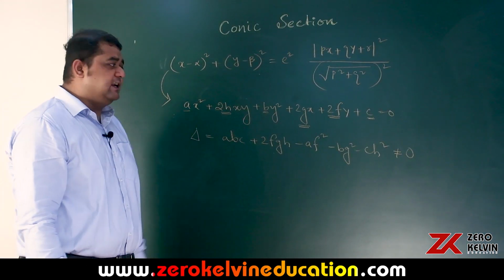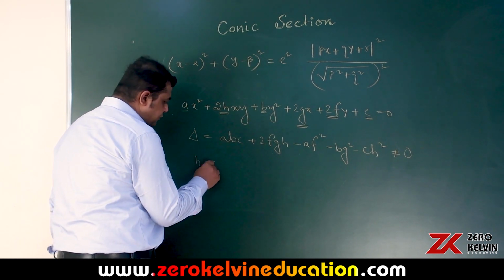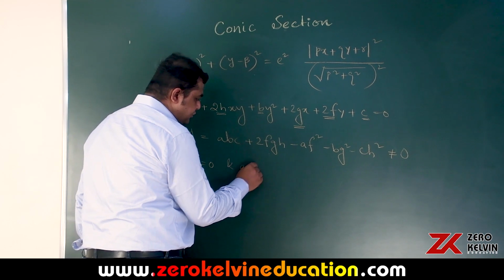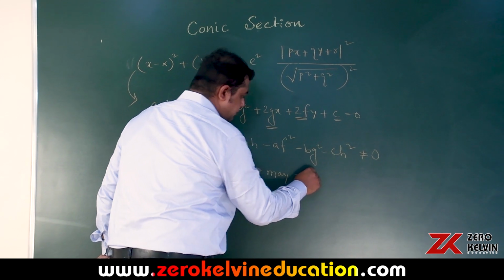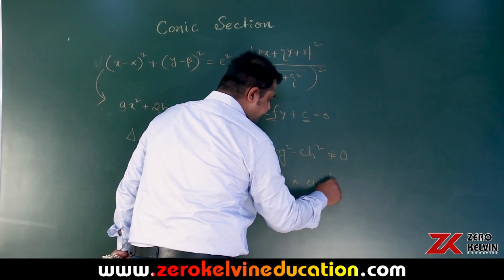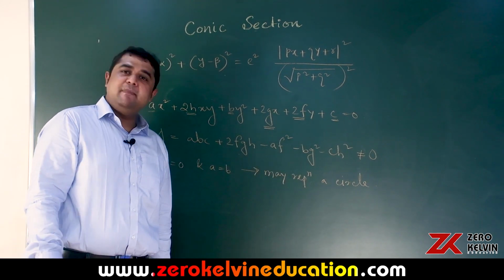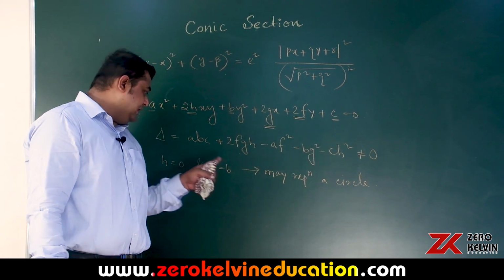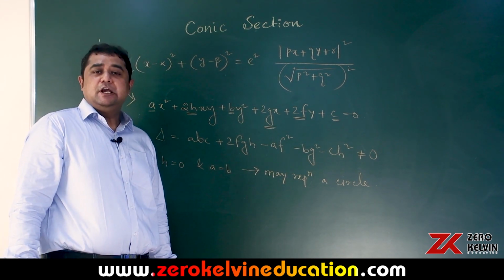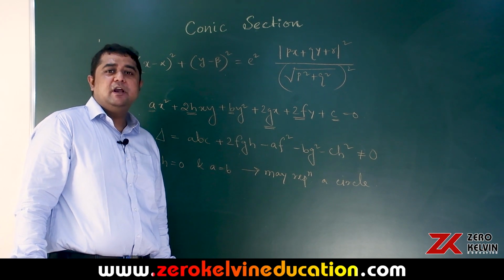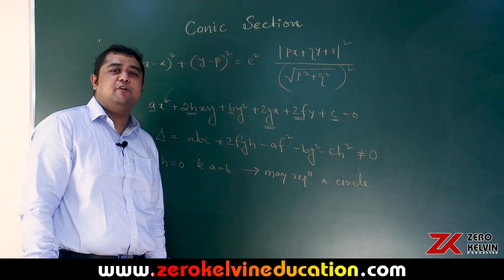Now, along with delta not being 0, if we have h equal to 0 and a equal to b, that may represent a circle. We have also discussed that with circle. Now, why are we writing 'may represent' a circle? Even after all these conditions, we might arrive at a representation which is algebraically appearing, but feasibly not suitable for any coordinate from the plane.